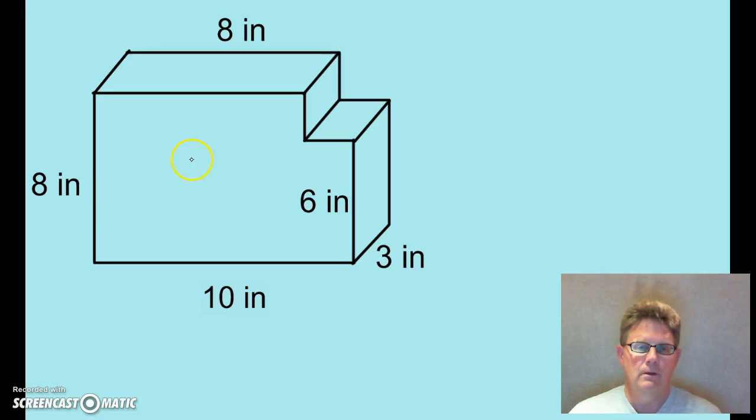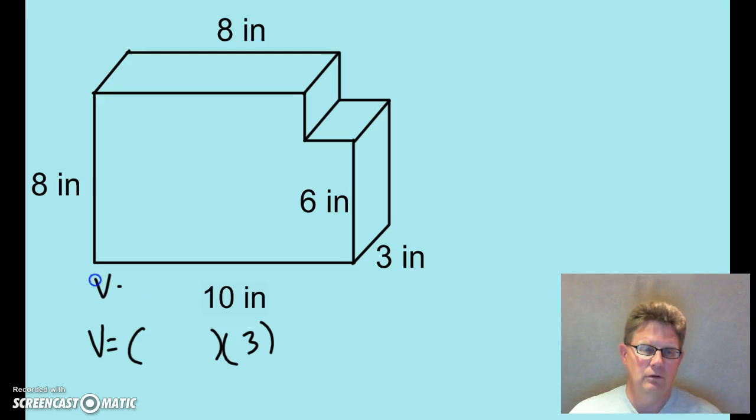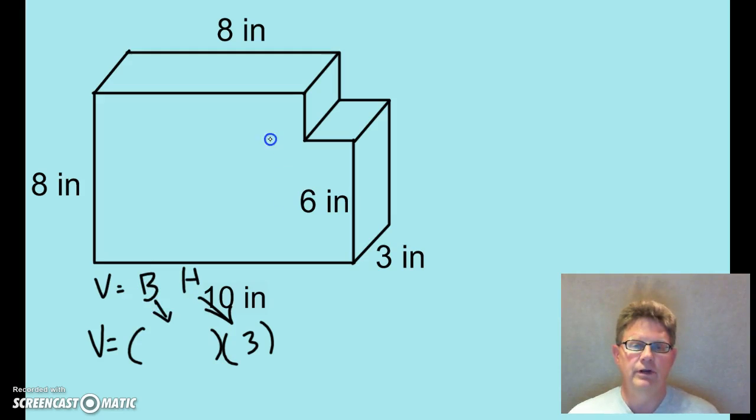So we're going to find the area of this base, and we're going to multiply by the height of the prism, the distance between the two bases, 3. V equals capital B H. H is 3. Area of the base we're going to figure out right now.